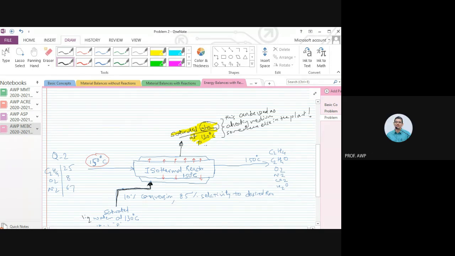So saturated steam at high temperature is a very valuable asset. We can use it as a heating medium somewhere else in the plant. Whereas liquid water becomes much more complicated to transfer; I will have to transfer so many kgs of it. If I transfer steam, it is a small quantity because of the latent heat it has picked up, 500 plus kilocalories per kg.